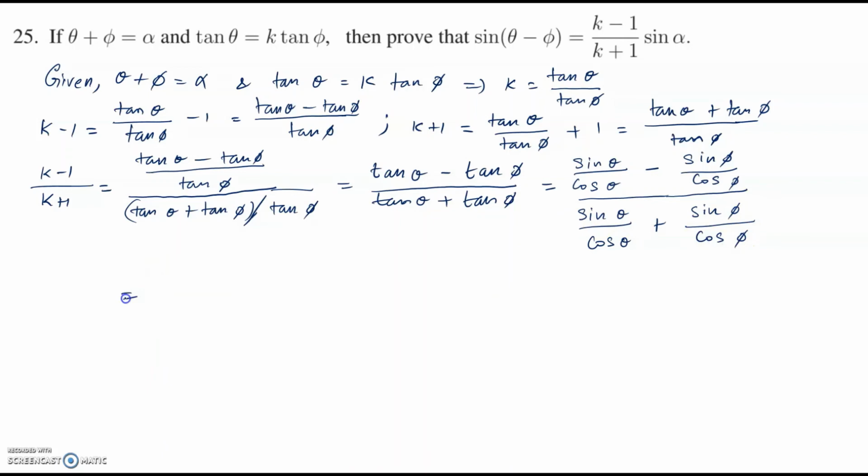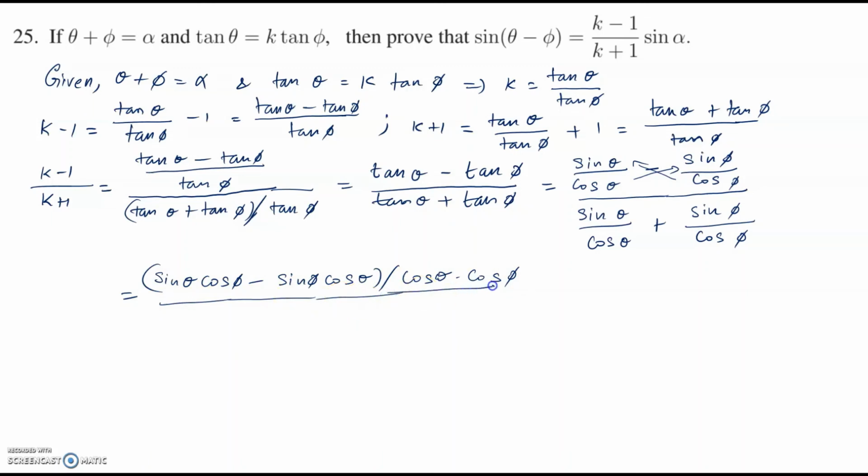Okay, so let's write them here now. So now the denominator will be cos theta and cos phi. So the numerator we need to cross multiply. So numerator will now become sine theta cos phi minus sine phi cos theta. This is divided by cos theta cos phi.